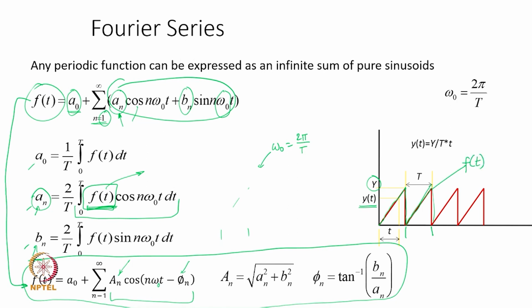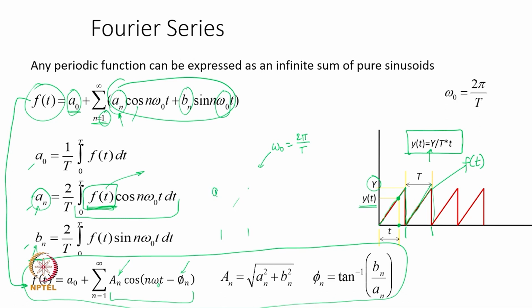Obviously, it is quite easy and simple to use the function y of t given by capital Y by capital T into t. So, t is any time at which I want to know the value of that function, and that value of the function y at time t can be easily expressed mathematically as a linear function of that slope. Capital Y by capital T is the slope of that line times the time at which I want to find the value of that function, a simple expression like that.